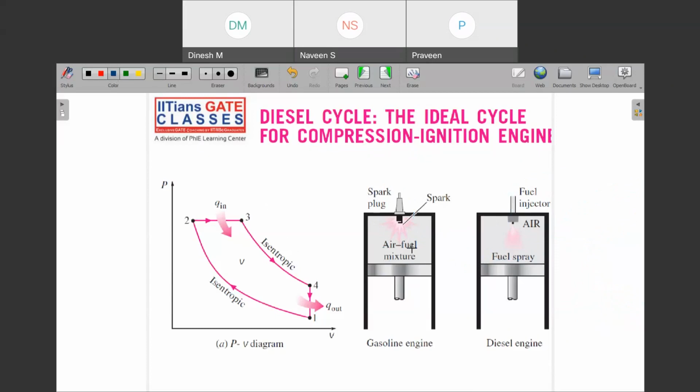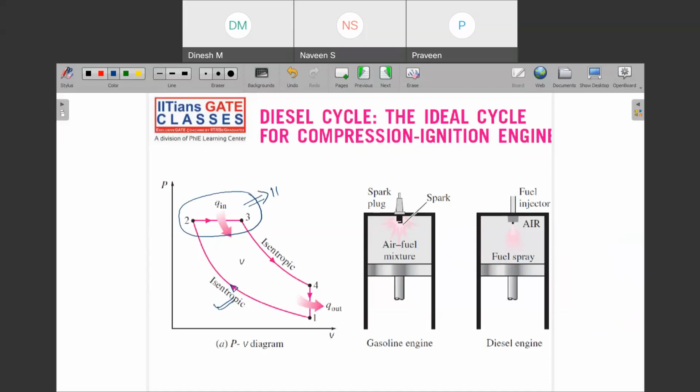So here also we have compression 1 to 2, which is isentropic, like we had in what? In gasoline engine or Otto cycle. But in the Otto cycle, heat was added at constant volume, but here your heat is added at what? Constant pressure.